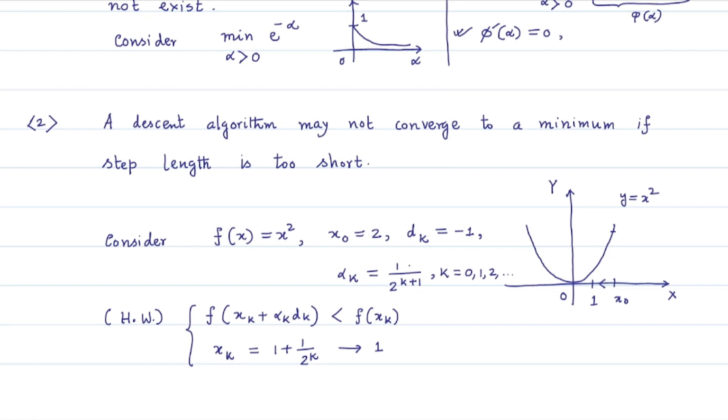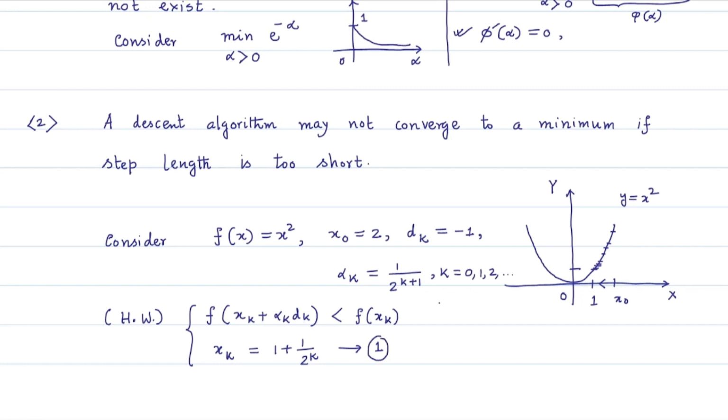Here notice that as k progresses, the value of alpha k gets smaller and smaller. And due to this, although the function value across the consecutive iterations gets degraded, when xk reaches the point 1, the function value gets stuck as xk converges to the point 1.